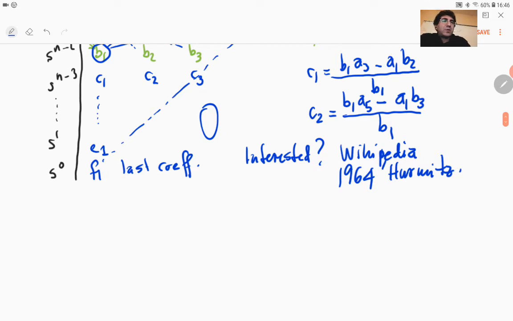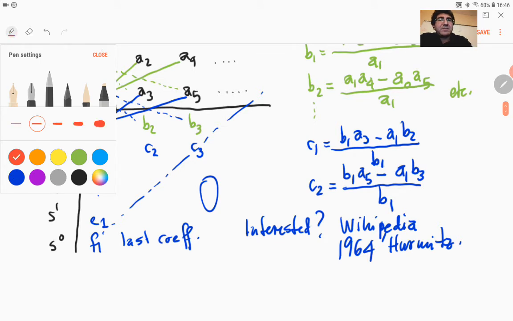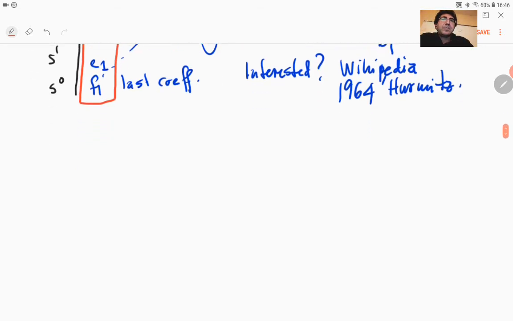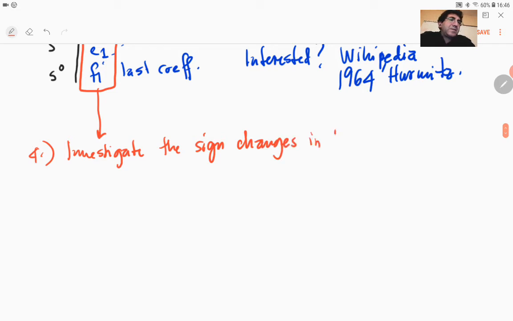All right. So what are we going to do with this array? We will actually investigate the first column of this array. There will be a set of numbers in the first column. And the last step, which is our step 4, is to investigate the sign changes in the first column of the Routh array.